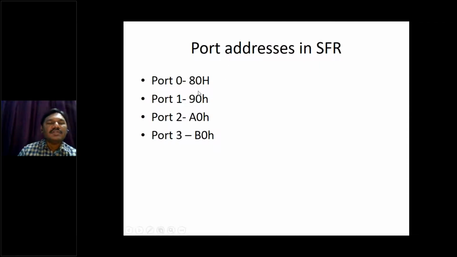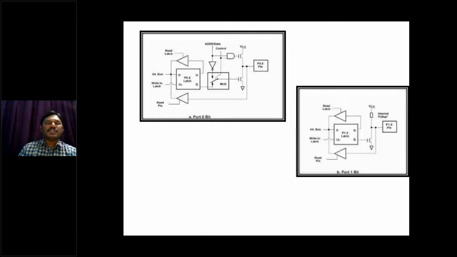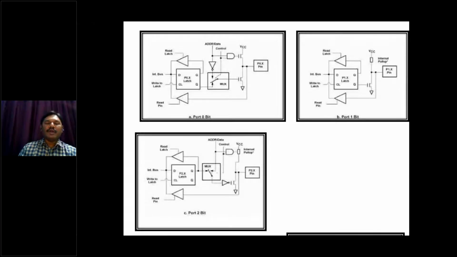These are the address locations where the 4 ports are available: port 0 is available at 80H of the SFR, port 1 at 90H, and so on. And this is the block diagram of port 0, port 1, port 2, and port 3.